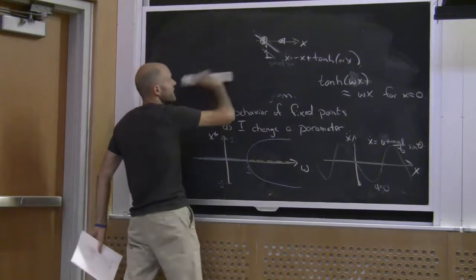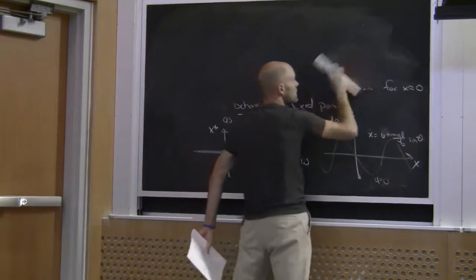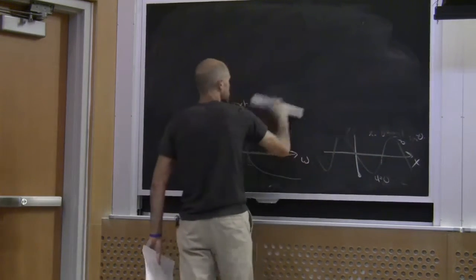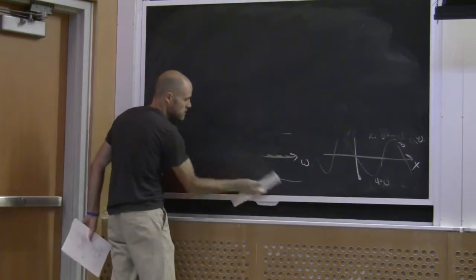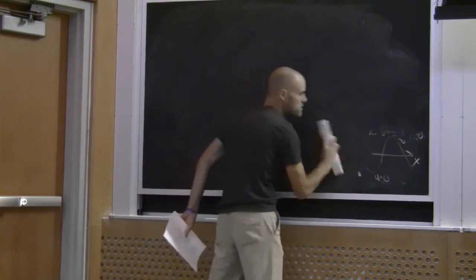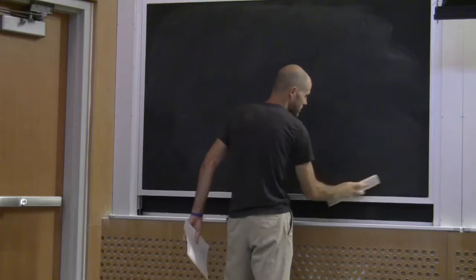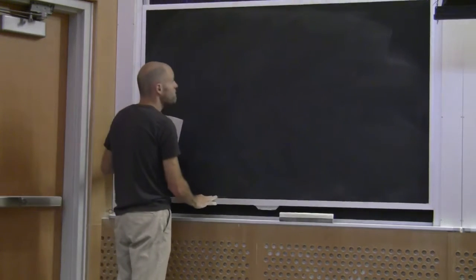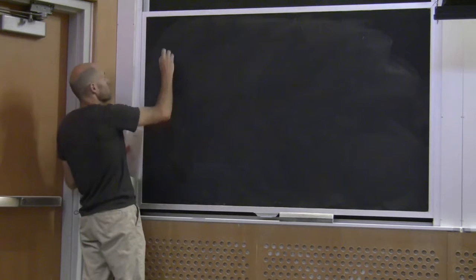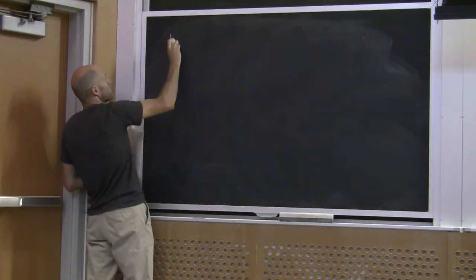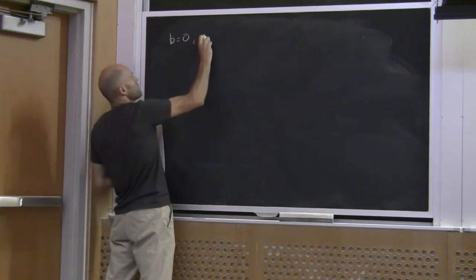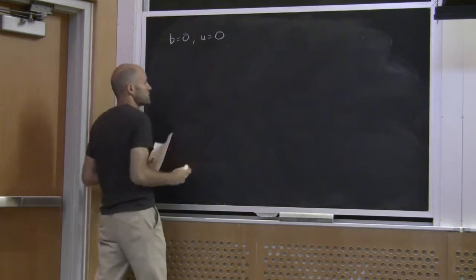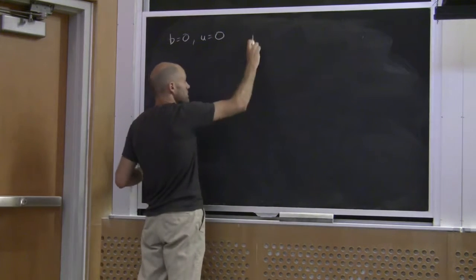So let's draw the vector field for the pendulum, and start asking about its stability properties if it's a second order system. Okay? So let's do B equals 0, U equals 0 first, just to start our engines up here.